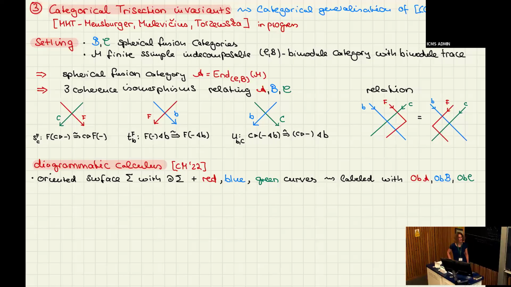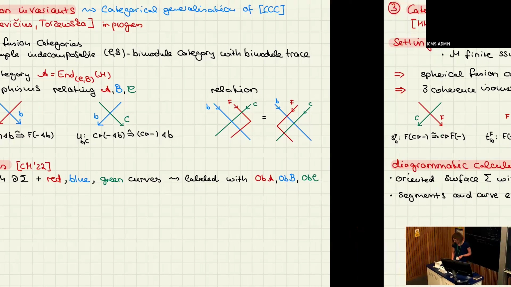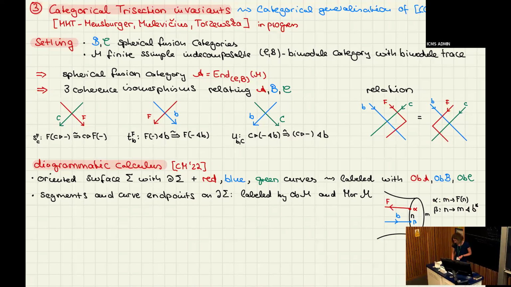Okay. So we consider an oriented surface, possibly with a boundary, and we have red, blue, and green curves on the surface. Now the curves are oriented as indicated by these arrows, and they're labeled with objects of A, B, and C. And when the curves come up to the boundary, they can end there.